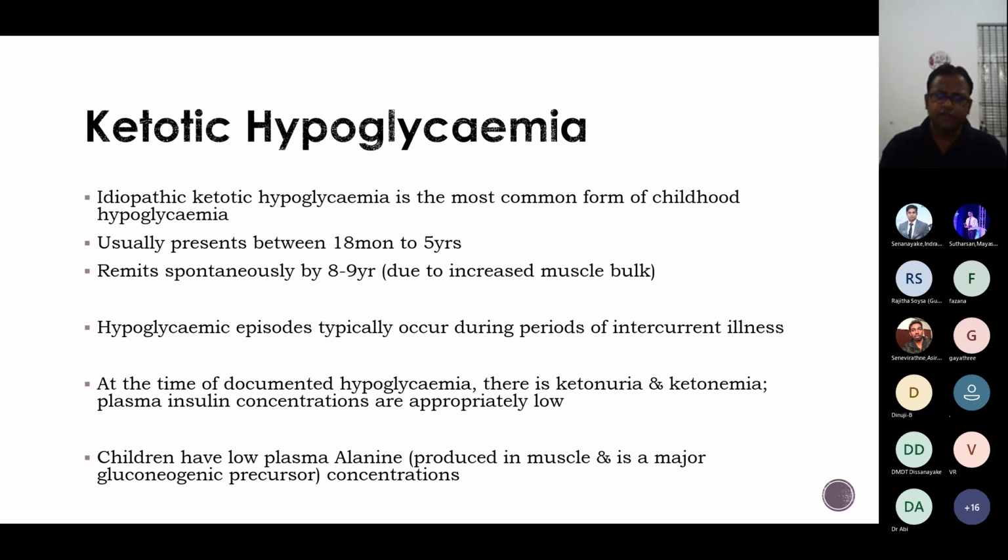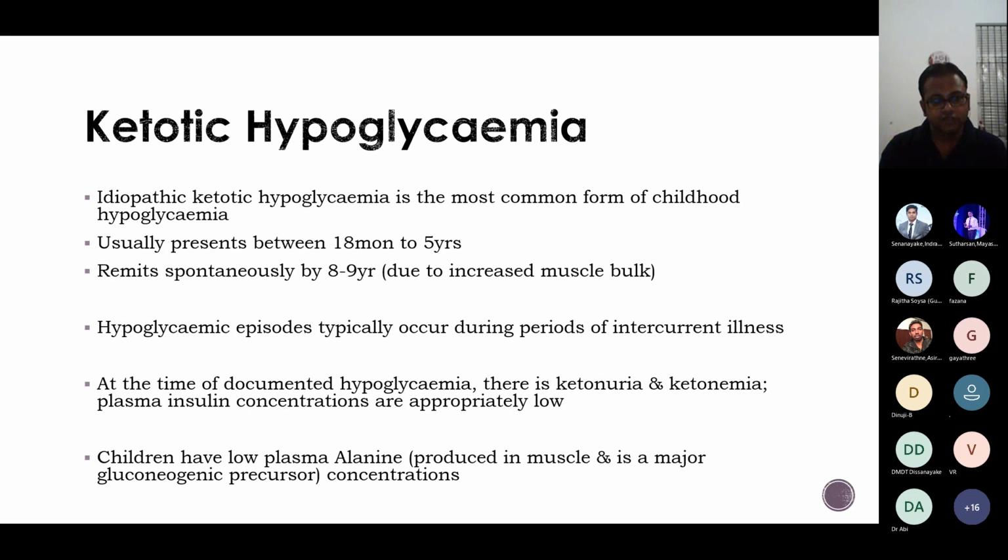So at the time of this hypoglycemia, if you check this child's urine for ketones, it will be positive. And to check ketonemia, like in the UK when we were doing our training, there's a small device like a glucometer, where you do a prick and can take a ketone level value, like what you do with the glucose glucometer, right?